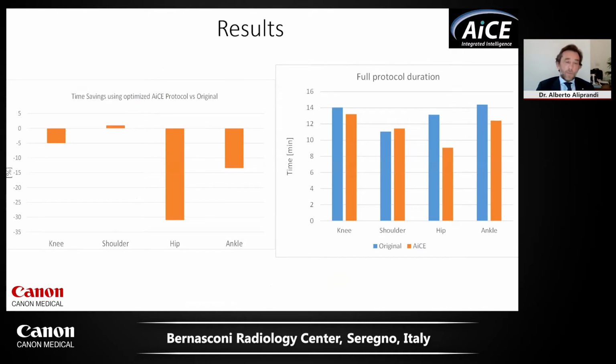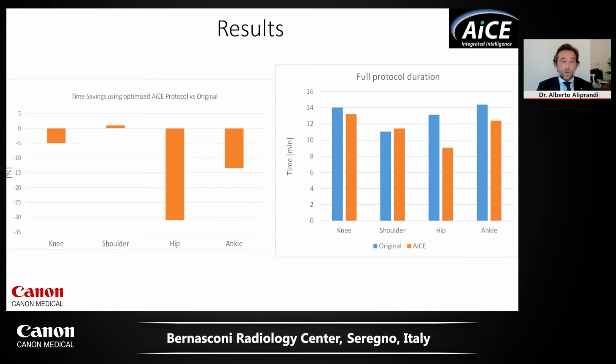As explained at the beginning, when we discussed the study design, we obtained a scan time reduction when using AiCE, and this time reduction percentage is shown in the graph on the left-hand side, in the orange bar. However, in many cases, not only was the scan time reduced, but also the resolution was increased compared to the original scan. As a result of a smaller voxel size, the SNR is dropping.